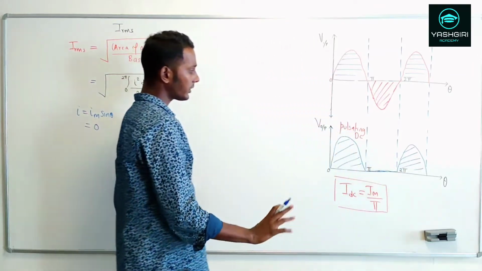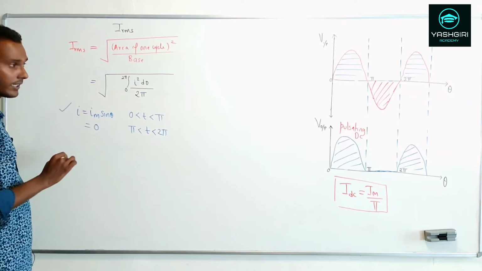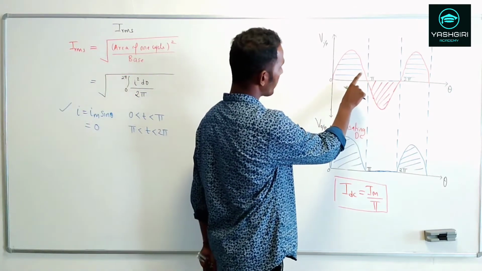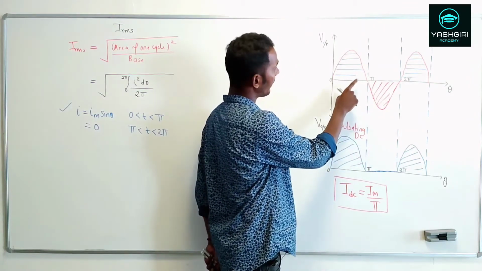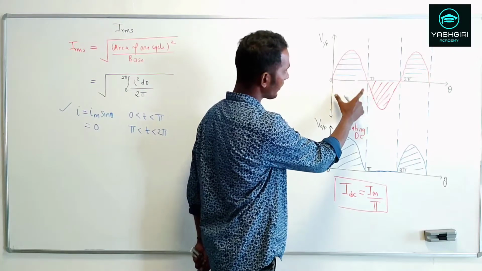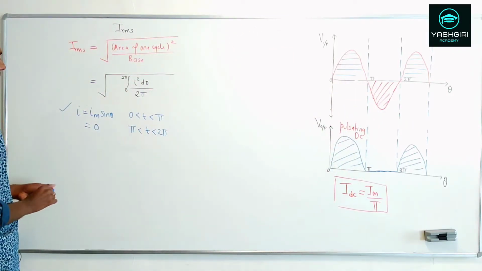So for our integration limits, I'll be using I equal to Im sin theta in this region only, because the rectifier is rectifying just half the signal of the input AC, and not the entire signal. So my limit will be from 0 to pi.